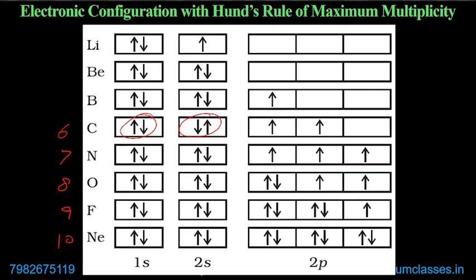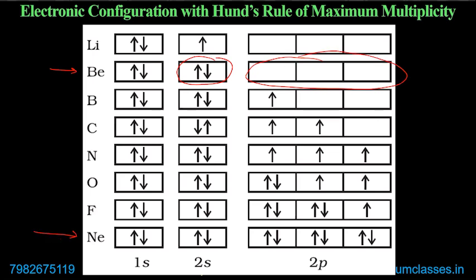Now you can see that neon is a noble gas, so it will have the complete shell filled up, not only the subshell. In beryllium, you have only the subshell filled up, 2s; 2p is empty.